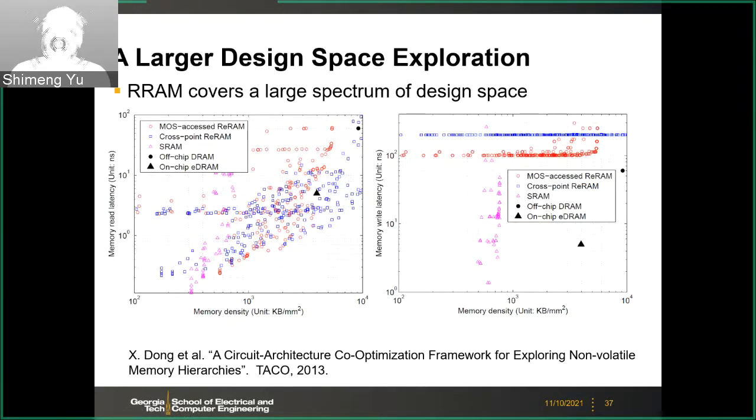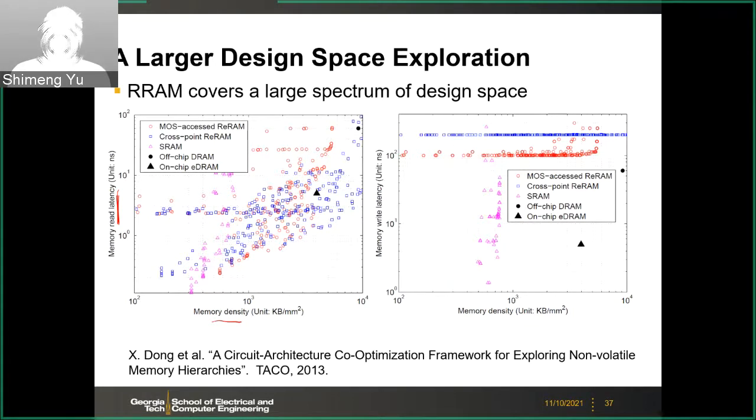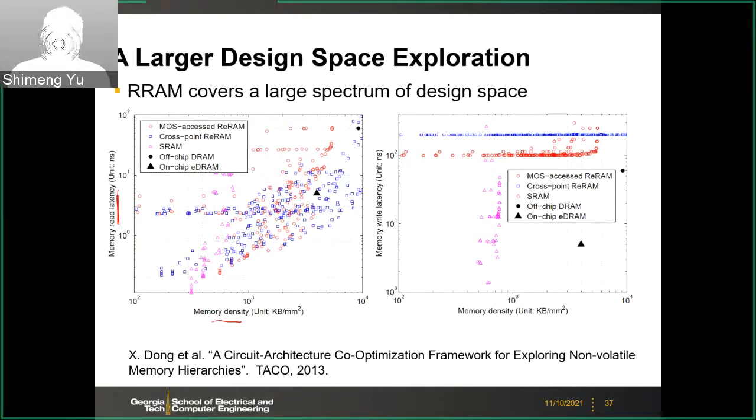And here we show the read latency versus the density, like kilobyte per millimeter square. And here we have so many points. The reason is we have so many variables, and you sweep the variables as a combination.